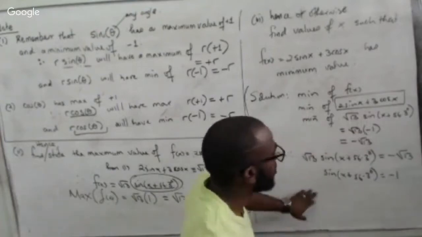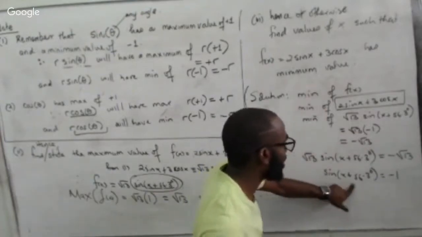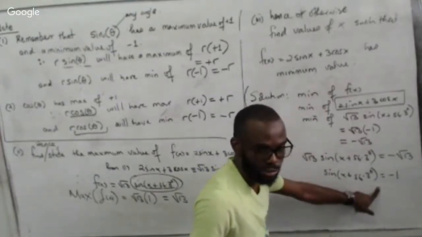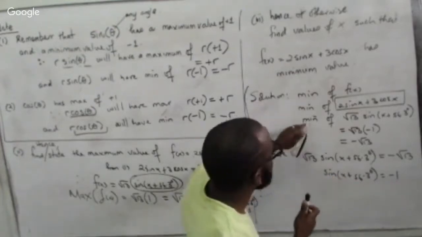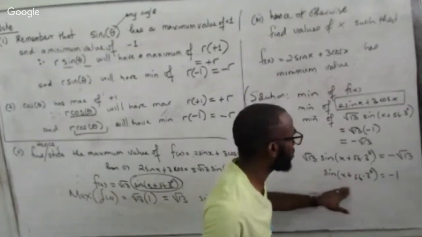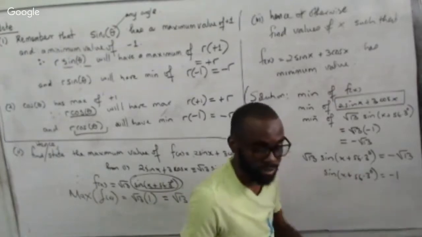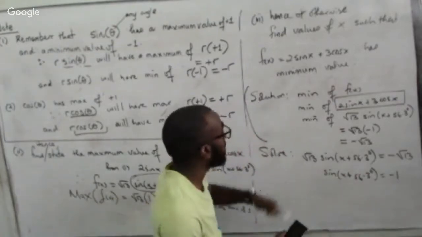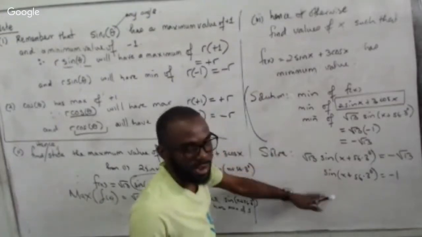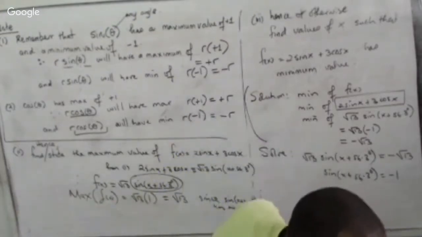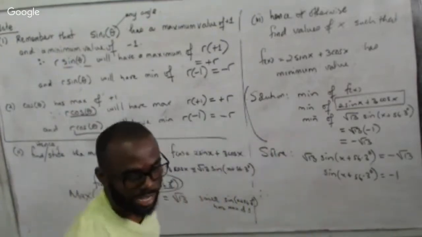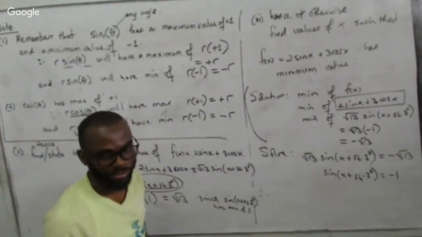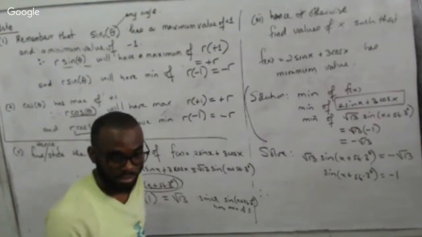So I could have just said that the minimum occurs when sine of x plus 56.3 degrees is equal to minus 1. That making sense? So I could have skipped everything and just started here by telling the examiner that I recognize that the minimum is determined when sine of anything is equal to minus 1. Fair enough?